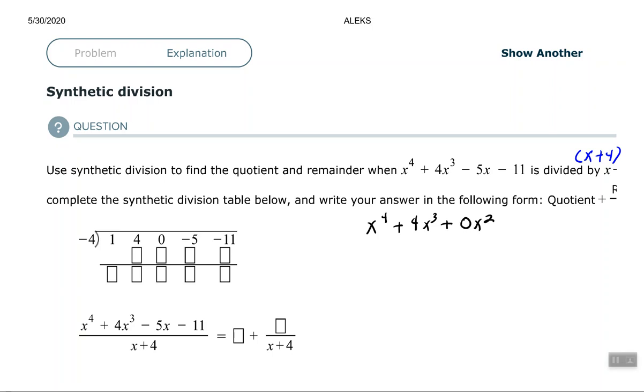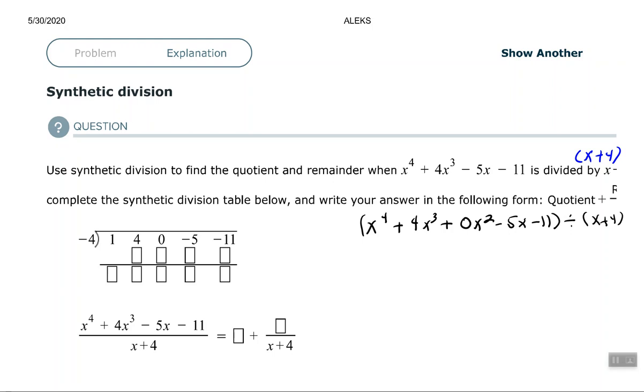So I'll add that in as 0x squared and then continue on. So divided by x plus 4.